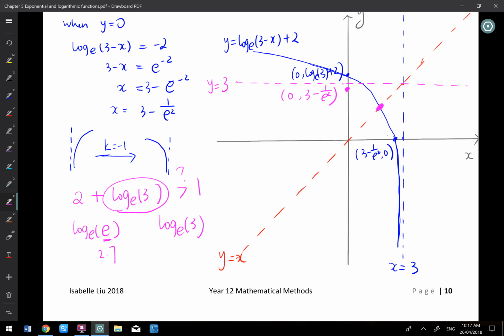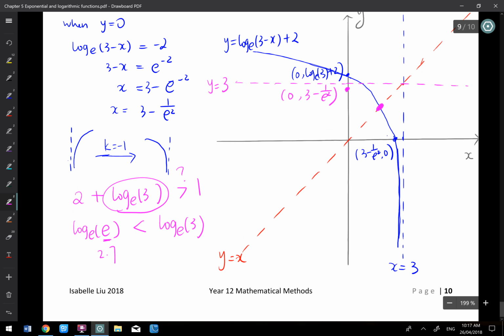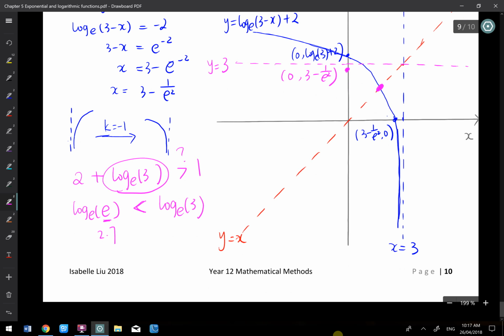Log base e of x is an increasing graph or decreasing graph? You know the log function? Is that increasing? So we put a higher value, 3, compared to 2.7. The y value should be larger or smaller? Larger. Good. So log base e of e is less than log base e of 3. This 3 is larger than 2.7.